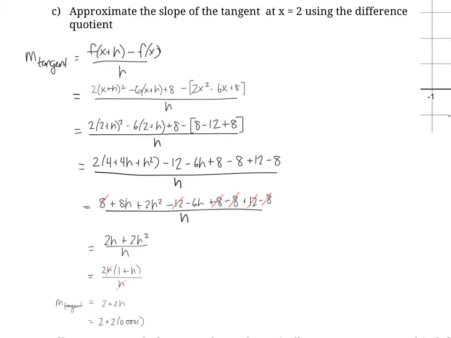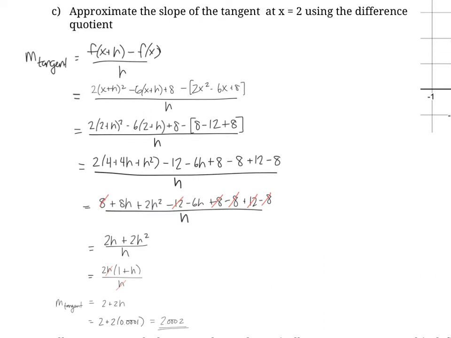Why not, right? So let me do that on my calculator. 2 plus 2 times 0.0001. That gives me a slope of the tangent as 2.0002. You'll notice that's very, very close to 2, which was our original answer.